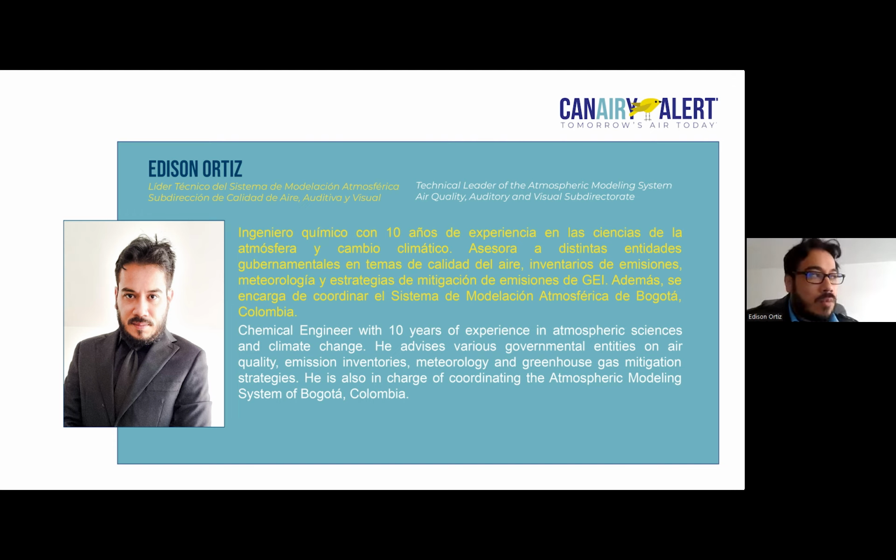Currently, thanks to some internal work that we did with my team, the team of atmospheric modeling, and together with another group from the Secretary or the Ministry of the Environment in Bogota, we created a high-resolution criteria pollutants integrated inventory.